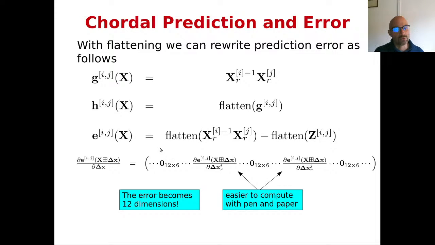So my new Jacobian will be consisting of blocks which are 12 by 6. And equivalently to what I have done for the non-Chordal case, I observe that given that this error function depends only on the pose xi and xj, this structure here will be mostly 0 and non-zero only in the position i and the position j. Clear?